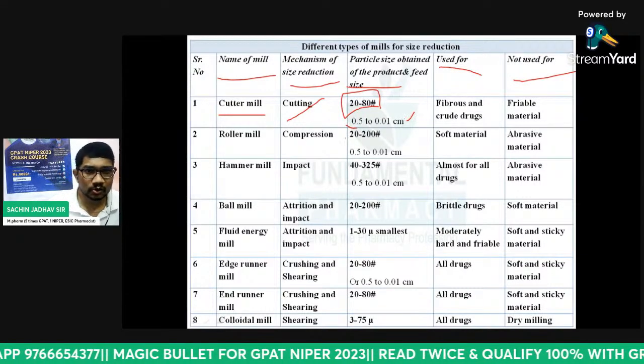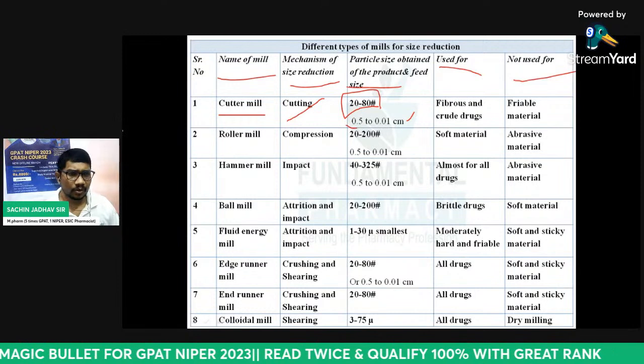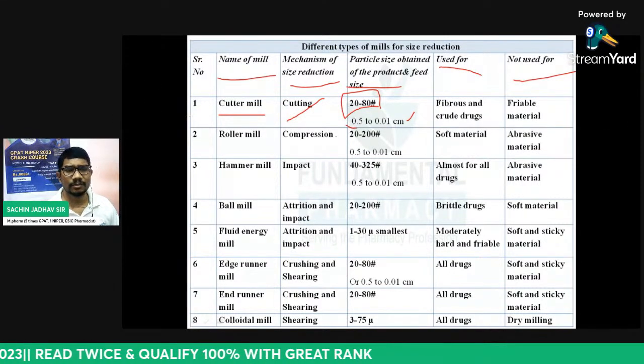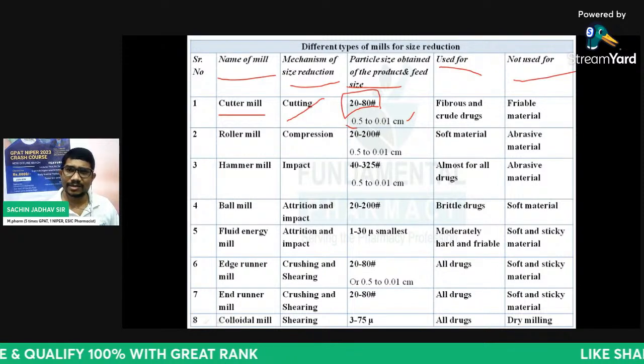Feed size is not important, so we will take only the final particle size. So for the cutter mill, cutting is the mechanism and 20 to 80 mesh is the particle size obtained.